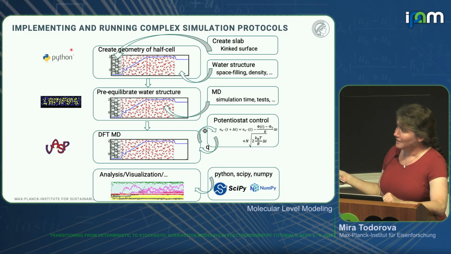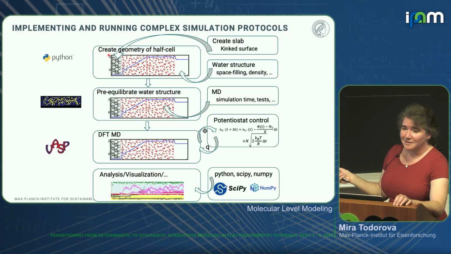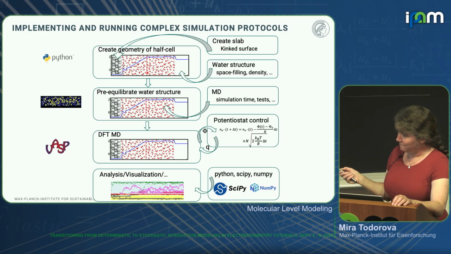So first of all, we create our geometry of the half cell, and we had some experience with this in the hackathon. So we can put here any surface that we want. Then we need to ensure that we have the water structure, that it has the correct density in the bulk-like region, and that it is space-filling.